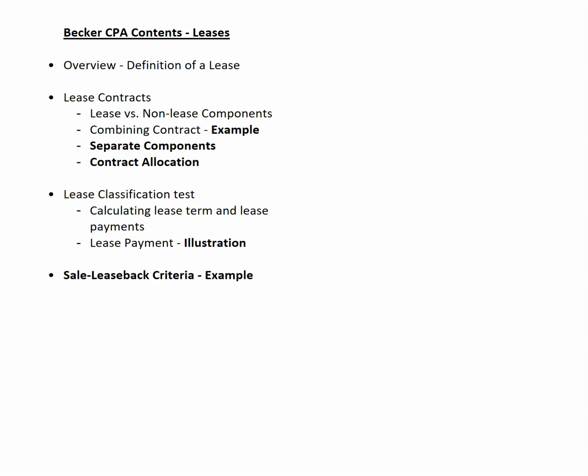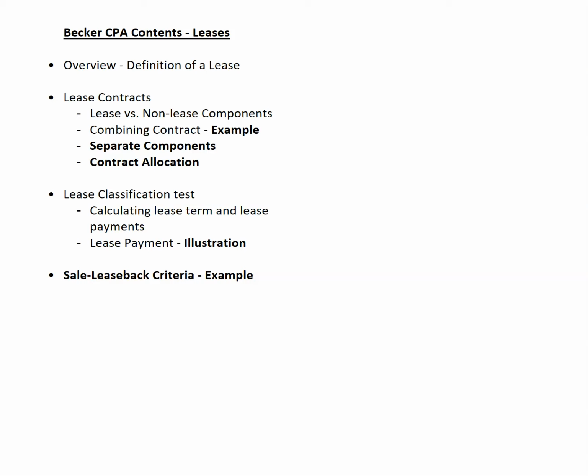A lease contract must have an asset, and the lessor must convey the right to control the asset to the lessee. Now, a lease contract might have more than one component or multiple contracts. So the next question is whether we should combine all those contracts or keep separate contracts.